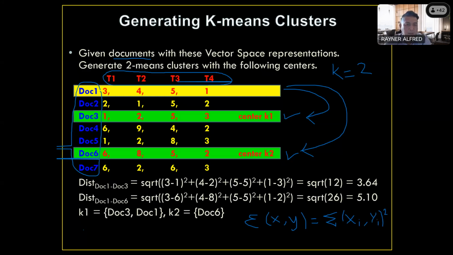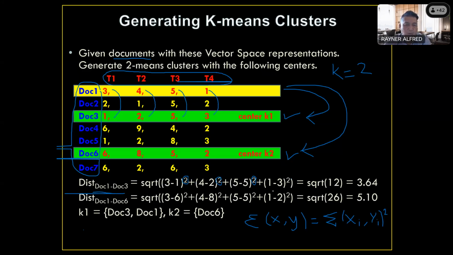For example, the differences between document 1 and document 3. We take 3 minus 1 and take the square, plus 4 minus 2 and take the square, plus 5 minus 5 and take the square, and then 1 minus 3 and take the square.